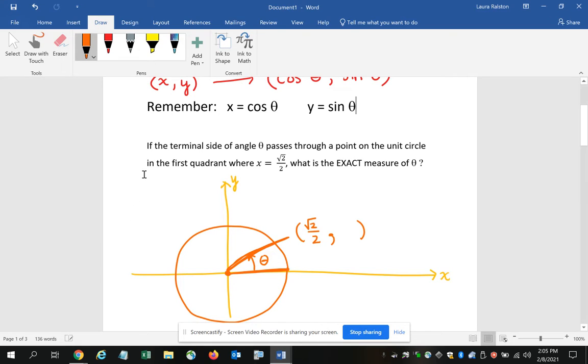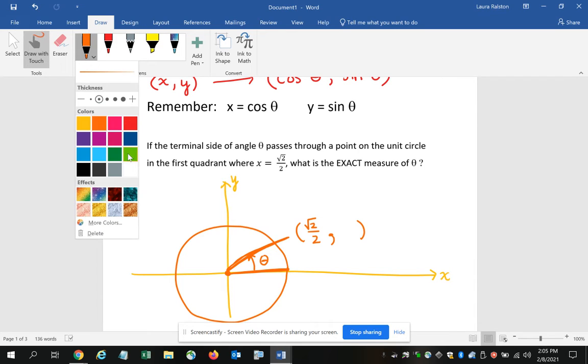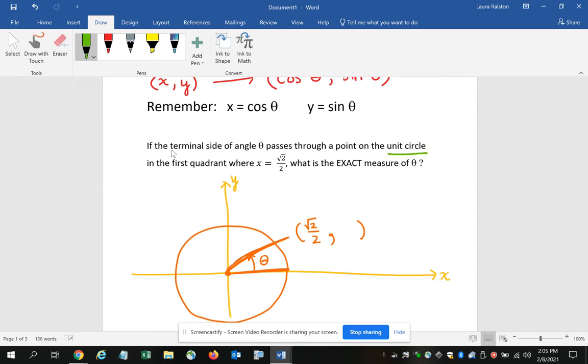Now, there's a couple of clues here that you need to use the unit circle. One, it says a point on the unit circle in the first quadrant. So again, it gives you the clue in the question that you want to think about the unit circle.